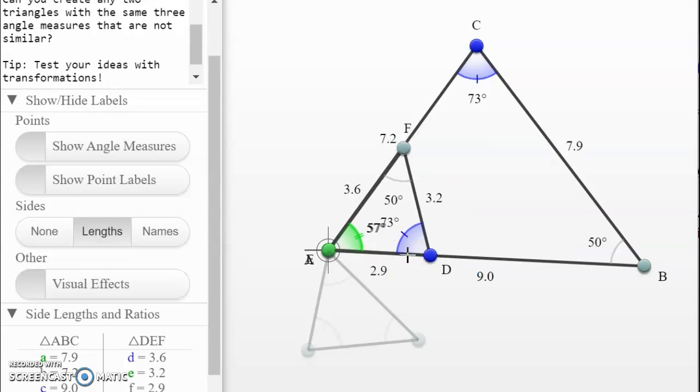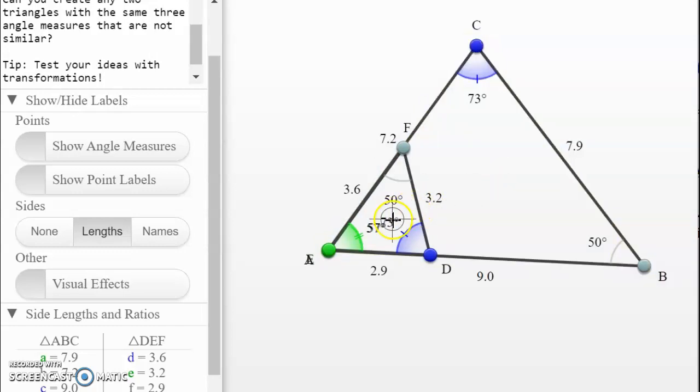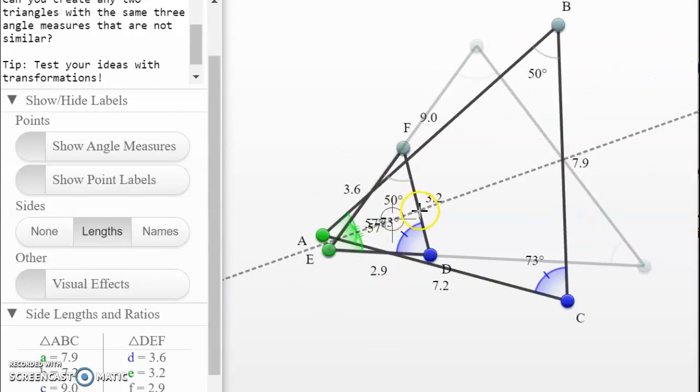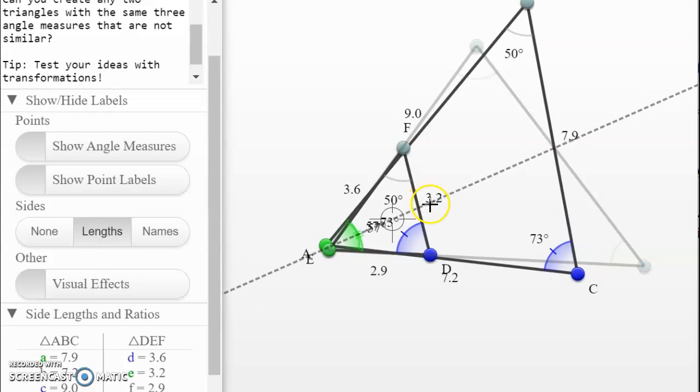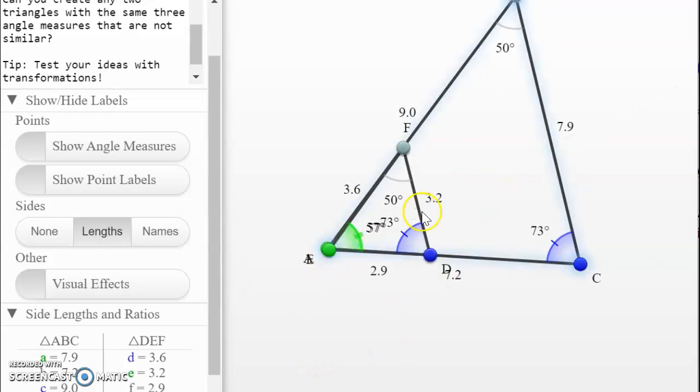Except the corresponding angles are not matched up, so I need to reflect. Okay, and now I know. Anyway, that's what you're doing for, and the lesson recording will continue after you are done with this activity.